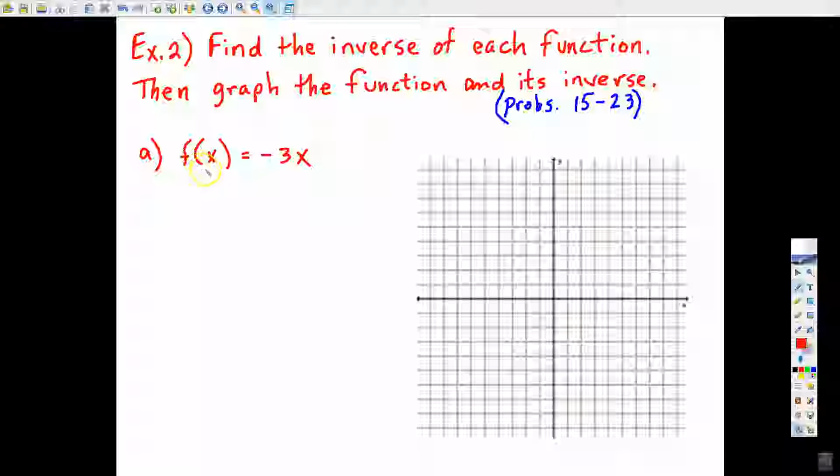Now you're probably saying, well, I don't see a y. Well, isn't it the same as saying y equals -3x? That means the same thing as f of x. So if you have to, I don't think you will, but if you have to, you can make this read as y equals -3x, and you haven't changed anything. Those are really synonymous.